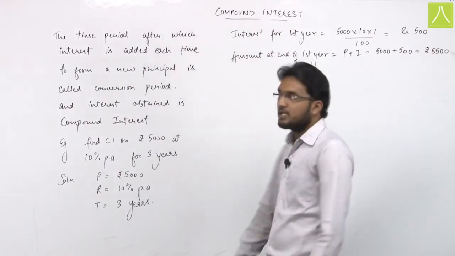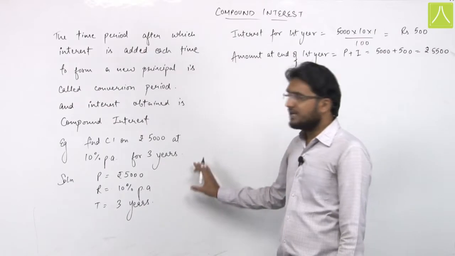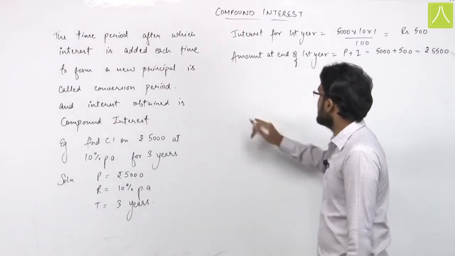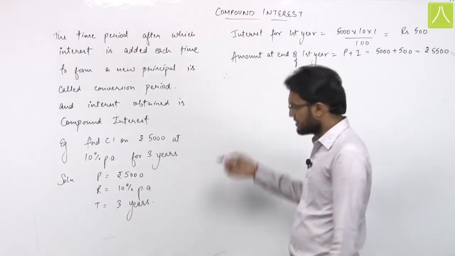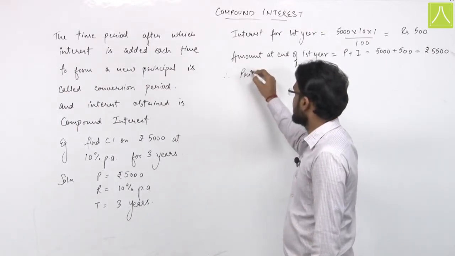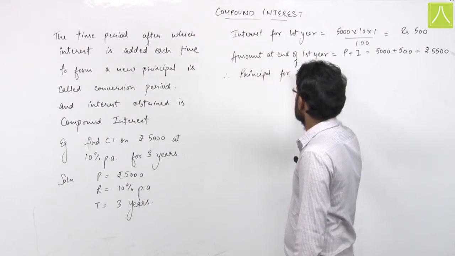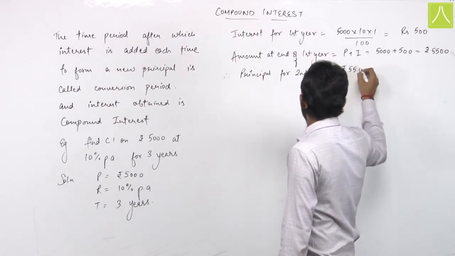Now this is the amount at the end of the first year, and as I have told you before, in compound interest a new principal is formed after every year. So the principal for the second year is equal to rupees 5,500.